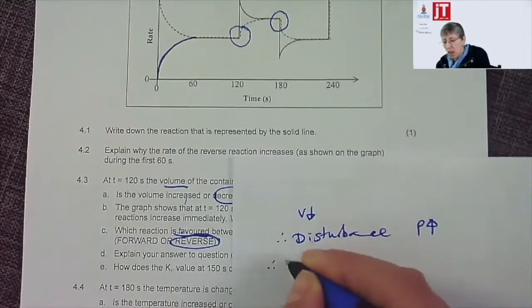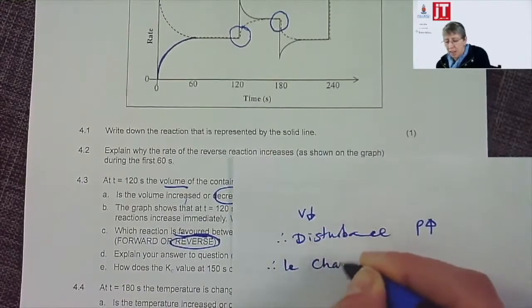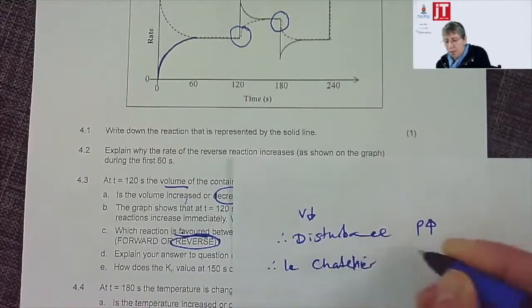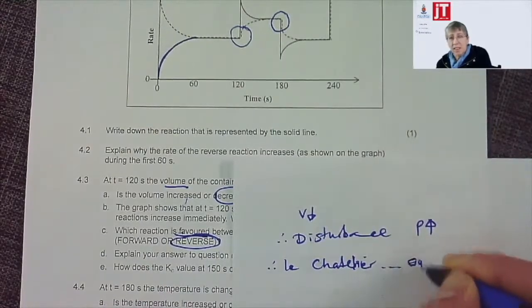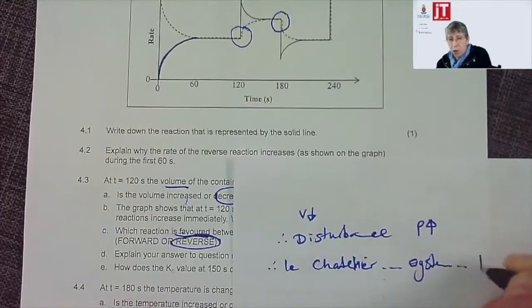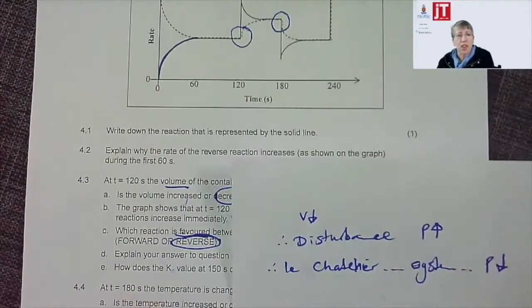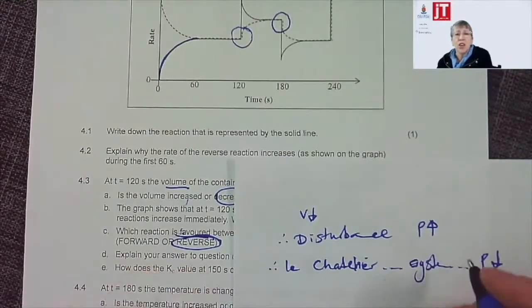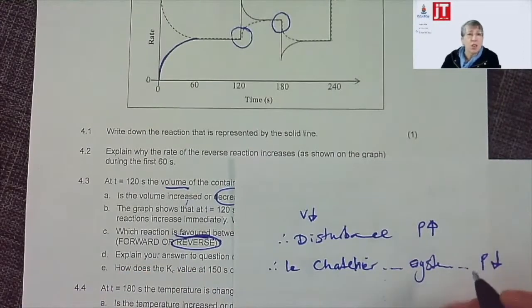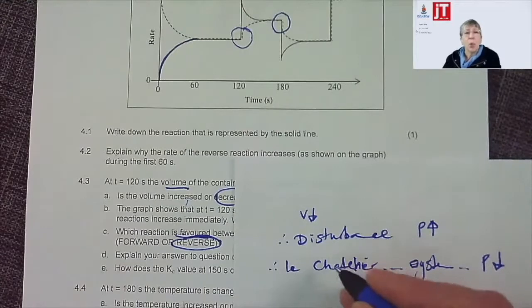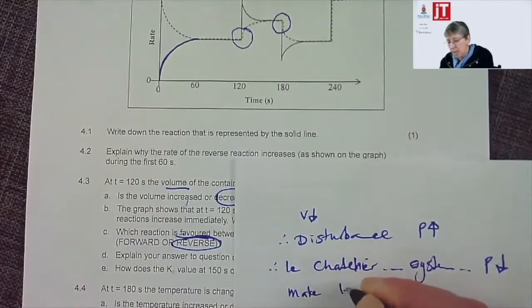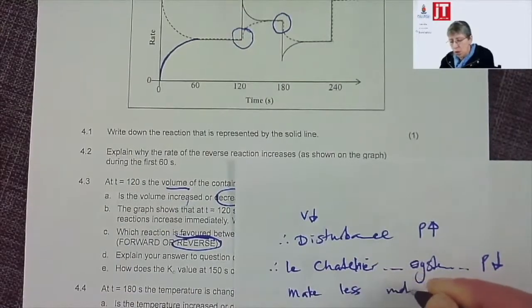And then, according to Le Chatelier, the system will react to decrease the pressure. And how can it decrease the pressure? Who's exerting pressure? Remember, only gas can exert pressure, right? So the way to decrease pressure will be to make fewer moles of gas.